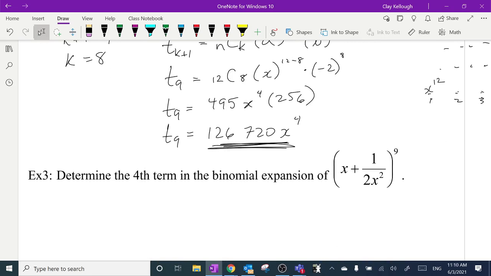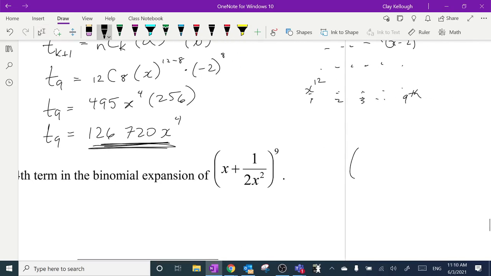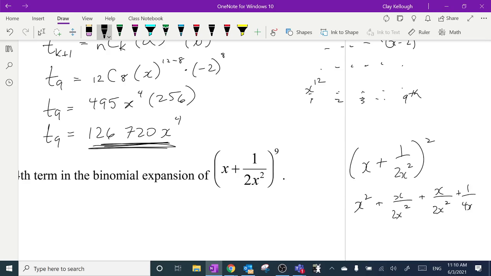Let's determine the fourth term in the binomial expansion of this mess. Even just squaring this would be kind of a drag, right? Okay, let's see. First times first, outside times outside, inside times inside is the same thing, and last times last.